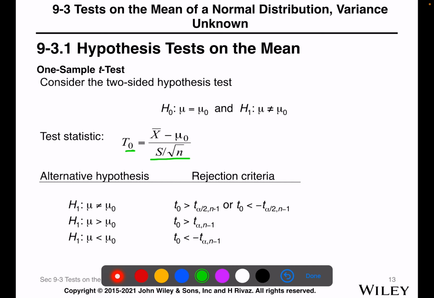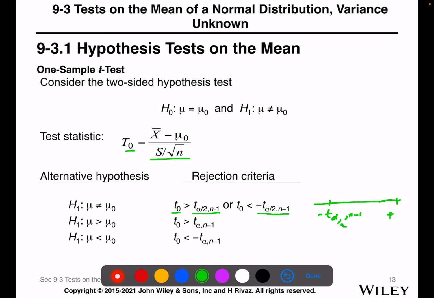So if we compute t, and it's more than t of alpha divided by 2 and n minus 1, or less than minus t of alpha divided by 2 and n minus 1, we reject the null hypothesis. So this is minus t of alpha divided by 2 and n minus 1, and this is plus the same thing, right?